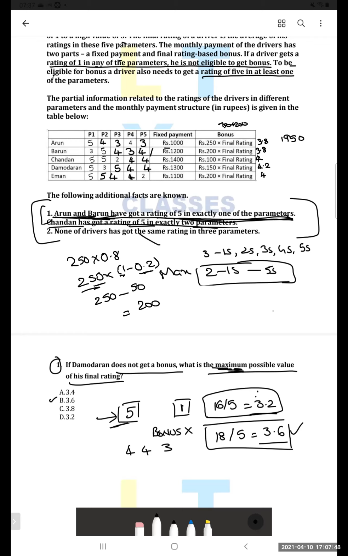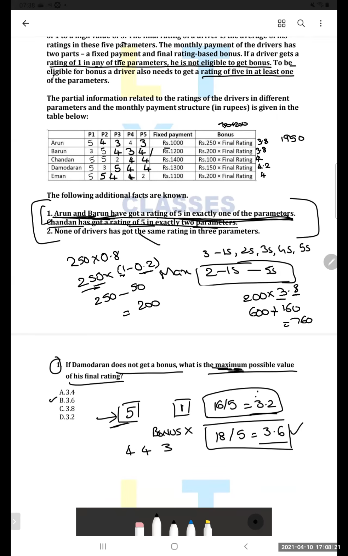Next guy. 200 into 3.8. How much is 200 into 3.8? 760. 3 times 200 is 600. 0.8 times 200 is 160. 760.